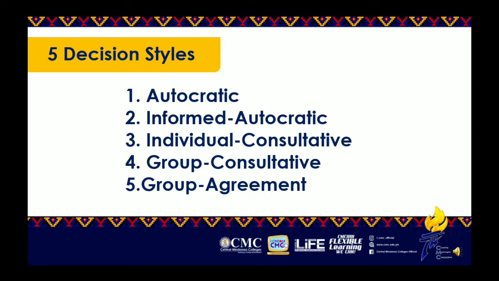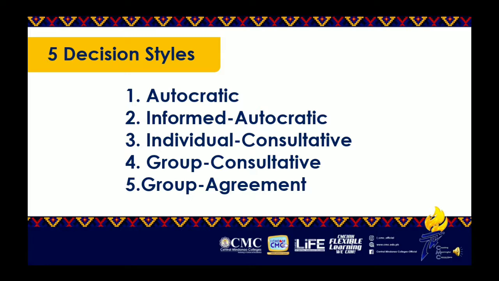And number 3, individual consultative. The leader shares the problem with subordinates, soliciting their ideas individually, and makes a decision that may not reflect the influence of subordinates. So in this decision style, the leader meets with people one-on-one to gather information. Fourth, group consultative.